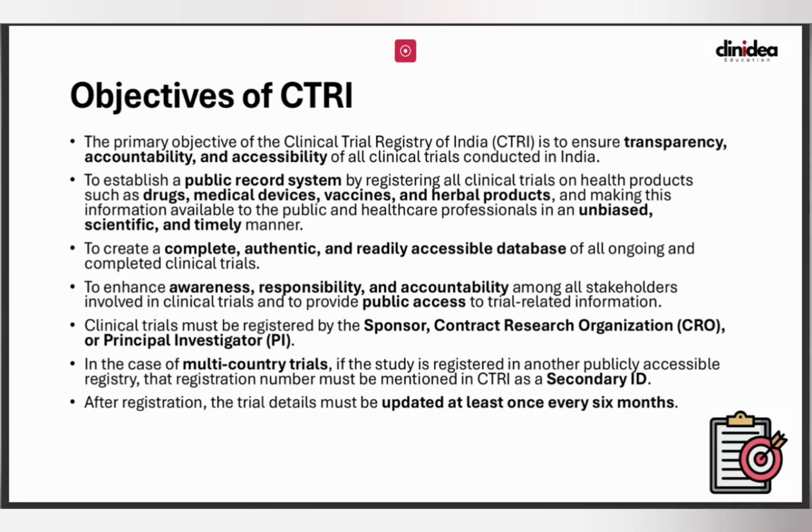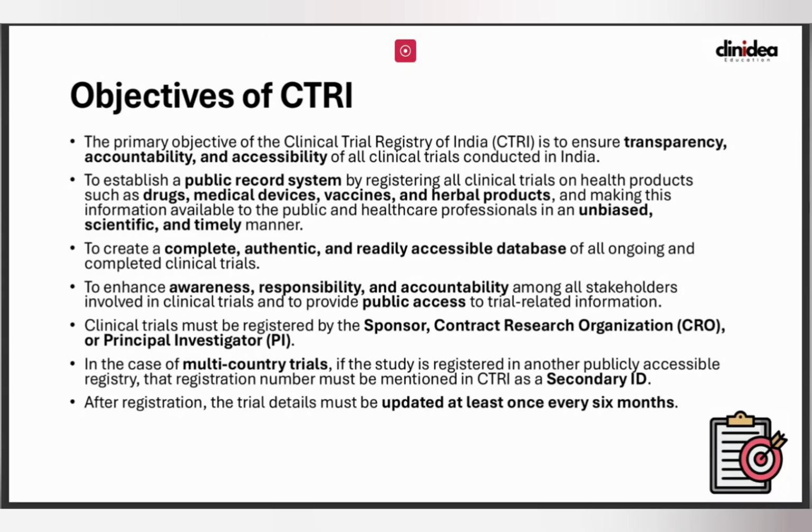The next point says, this registration is not a one-time activity. Trial information must be kept updated regularly. Of course, you have to register the trial before it begins. Whatever updates are being done in the trial, there should be one person, like any of the persons we discussed in the previous point, the sponsor, CRO, or the principal investigator.